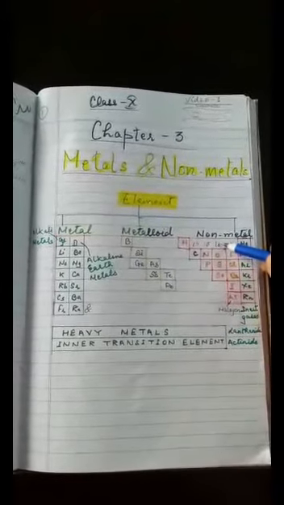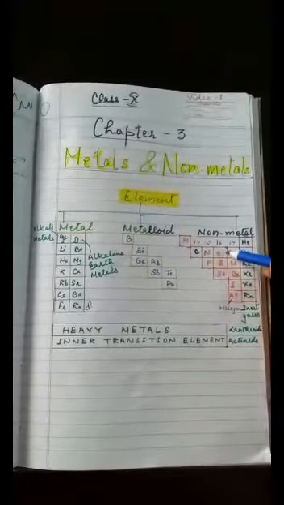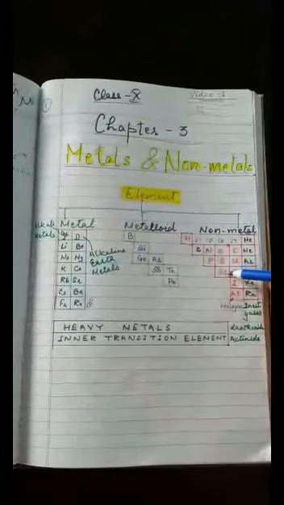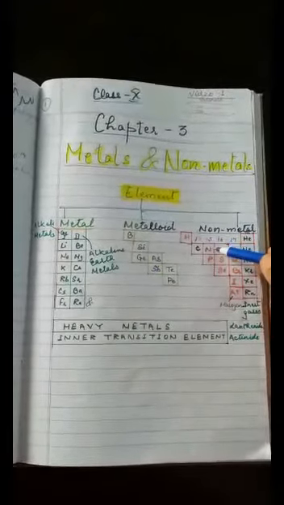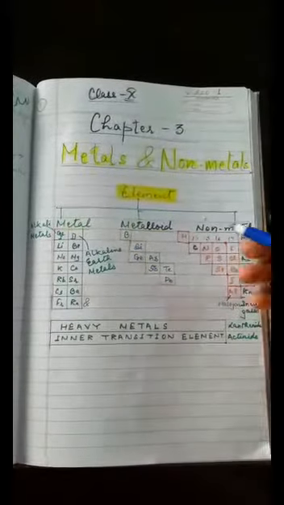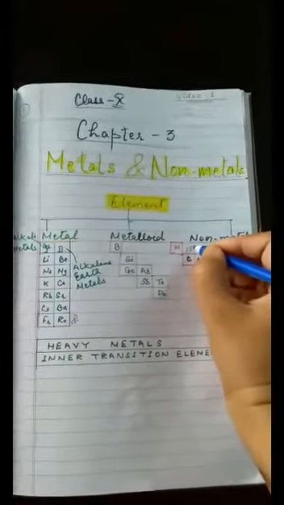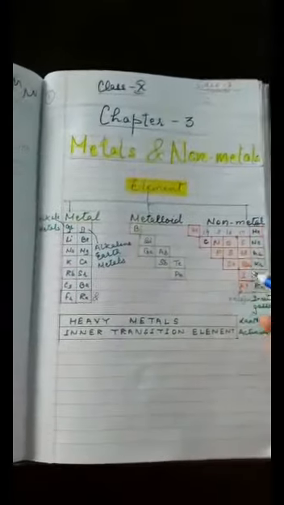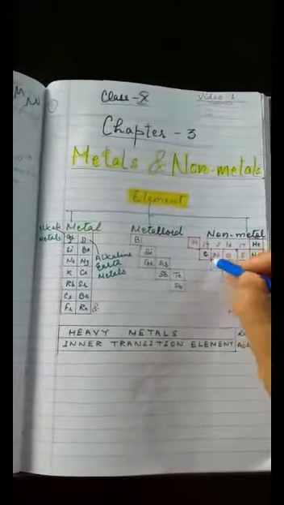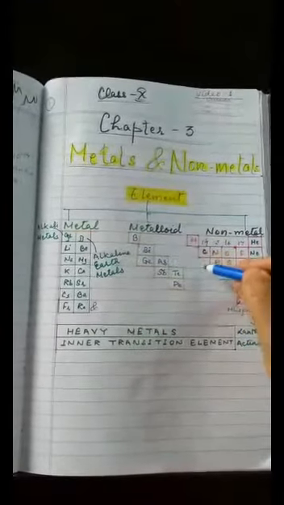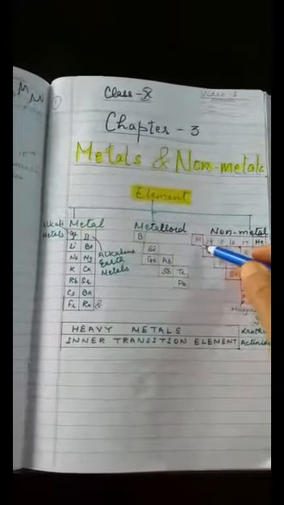So in group 16, oxygen, sulfur and selenium are non-metals. In group 15, nitrogen and phosphorus, only 2 elements, are non-metals. And in group 14, only carbon is a non-metal. Silicon and germanium are metalloids and the rest are metals.